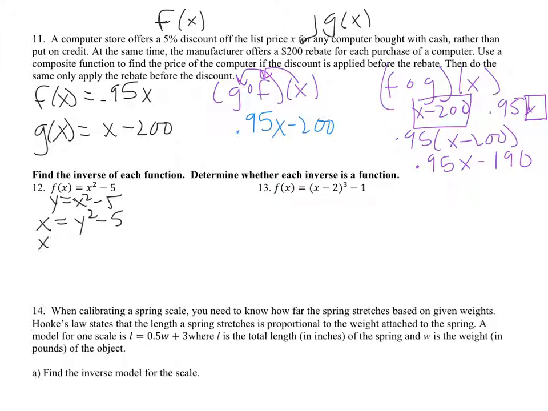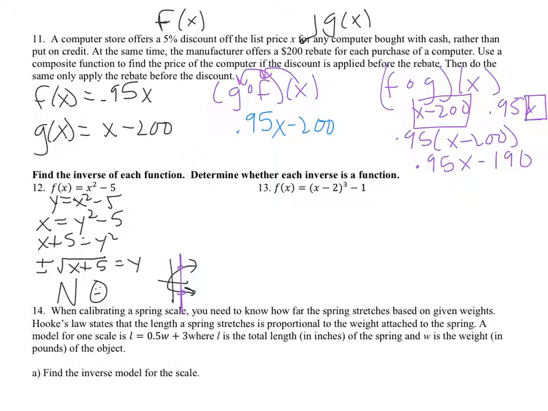Add my 5, is equal to y squared. Take the square root. When you take the square root, remember you have to have that plus or minus. And because of that plus or minus right there, no, it's not going to be a function. Because if you were to graph this, it would look like this. And if you do your vertical line test, it goes through more than 1 point. Sorry, that's not a function.